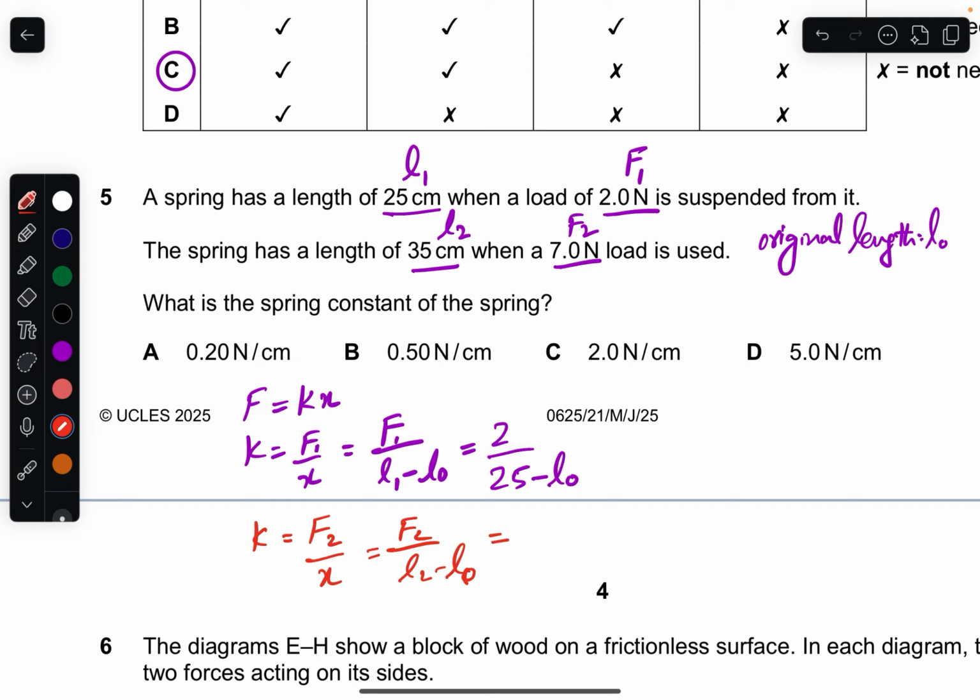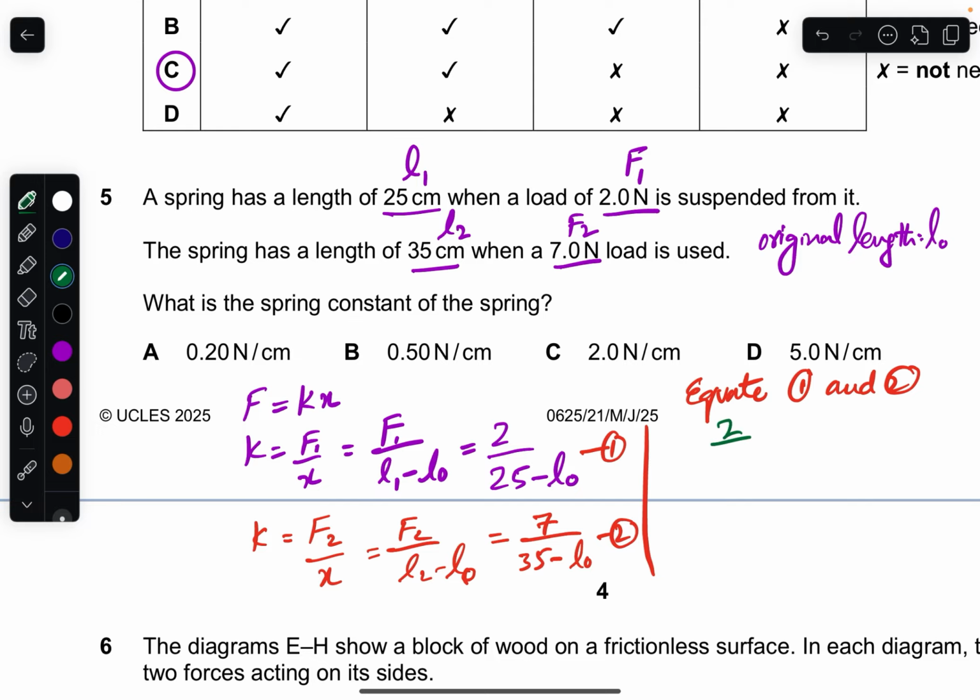It can be written as 7 divided by 35 minus L naught. Let's suppose this is equation 1 and this is equation 2. You can equate 1 and 2, and we will get 2 over 25 minus L naught equals 7 divided by 35 minus L naught.